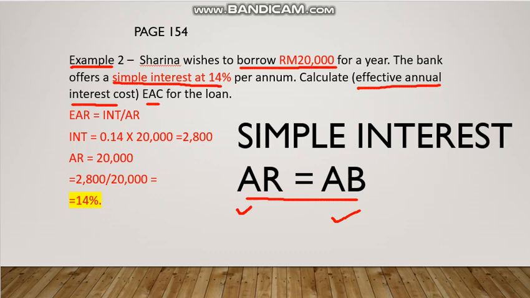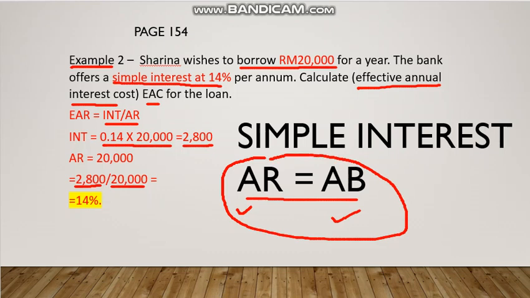The formula is interest divided by AR. Interest is 14% times 20,000, and we get 2,800. So interest 2,800 divided by AR, since AR equals AB, and this EAC equals 14%.